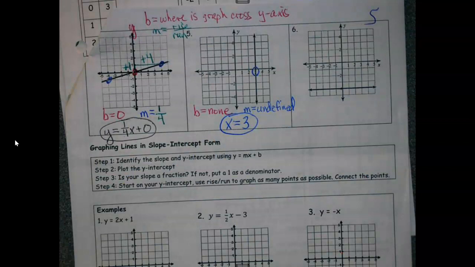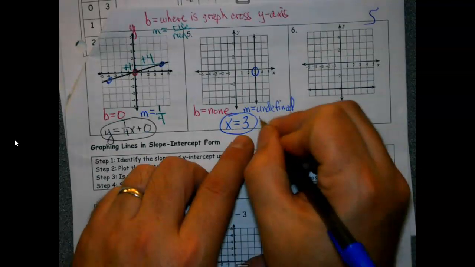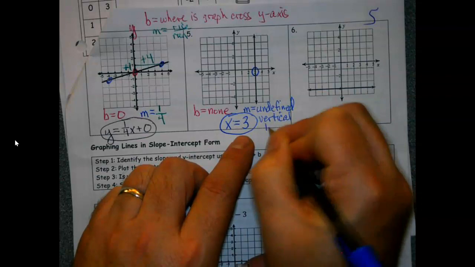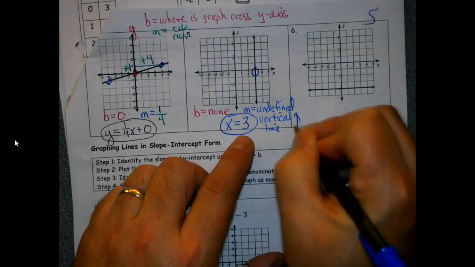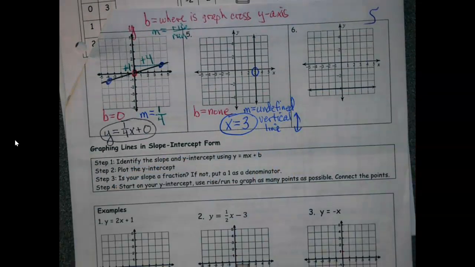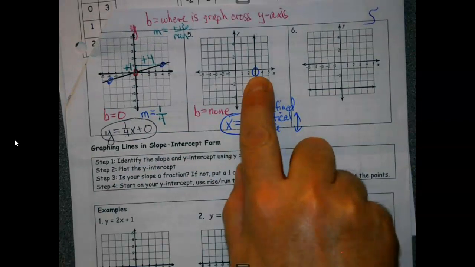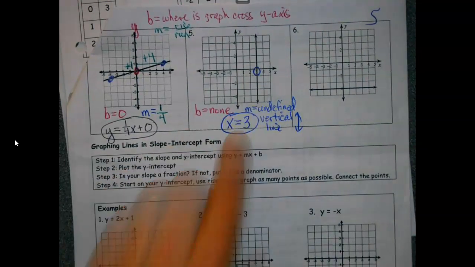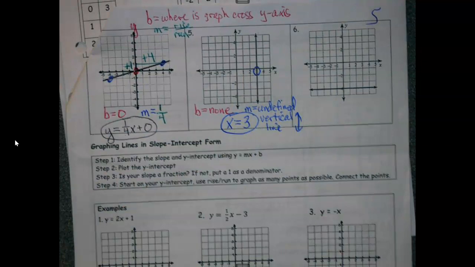Because with undefined or vertical lines, if you ever have a vertical line, which again is up and down like the one we have here, it's just x equals and the number that it goes through on x. That's it. You don't have to do any calculating, anything fancy. You just look and say, oh, it's 3. X equals 3. Up and down is x equals.